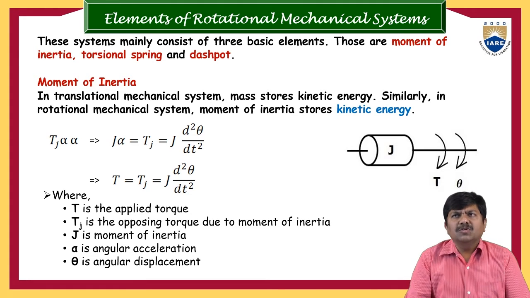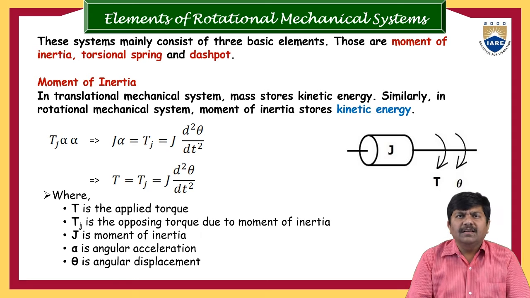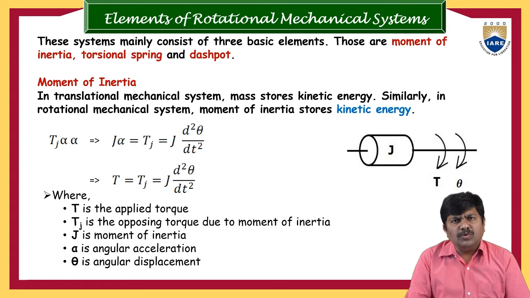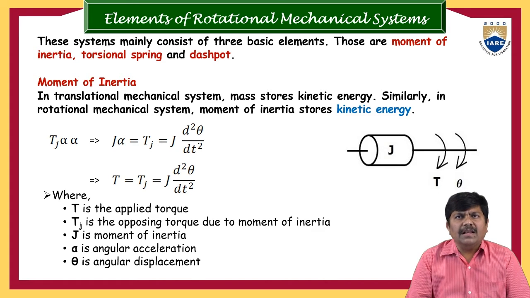So what exactly does moment of inertia mean? In translational mechanical systems, mass stores kinetic energy. We have already discussed many times that whenever some force is applied on a mass, some energy is stored inside the mass, which is kinetic energy. Similarly, in the rotational mechanical system, moment of inertia stores kinetic energy.